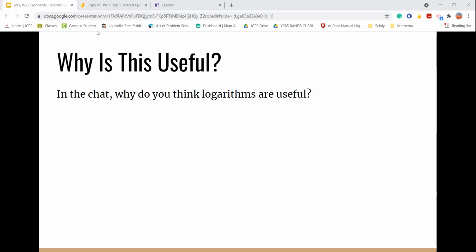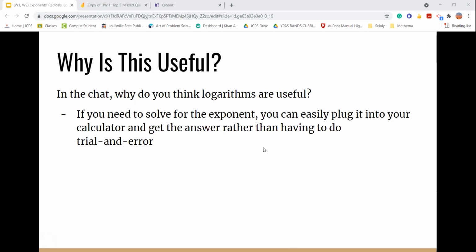Yeah, one way. And coding. Definitely coding. Yeah, to reverse exponents.